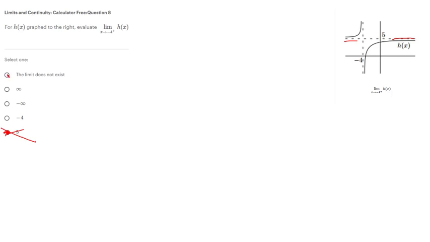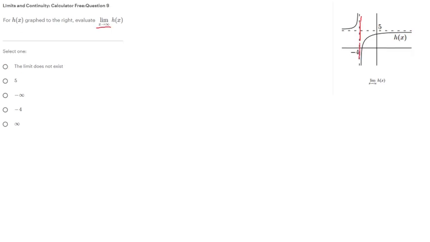It's actually that the limit does not exist. Sorry, I read that as x approaches infinity. Again, it's an asymptote there, and it is never going to touch that value. Therefore, the limit does not actually exist there. This is the question talking about as x approaches infinity. It's going that way. The limit is 5.